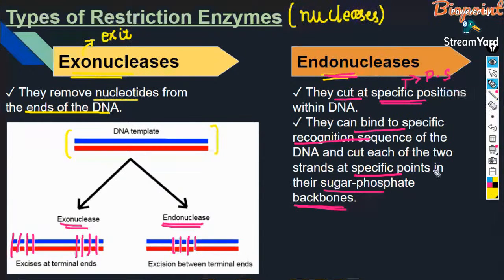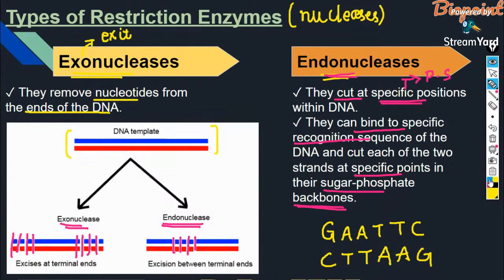All the things we are using, for example, a particular thing I'll write over here. For example, the palindromic sequence that identifies one of the endonucleases is GAATTC. The complementary strand reads CTTAAG. So this particular endonuclease cuts the DNA just like this.